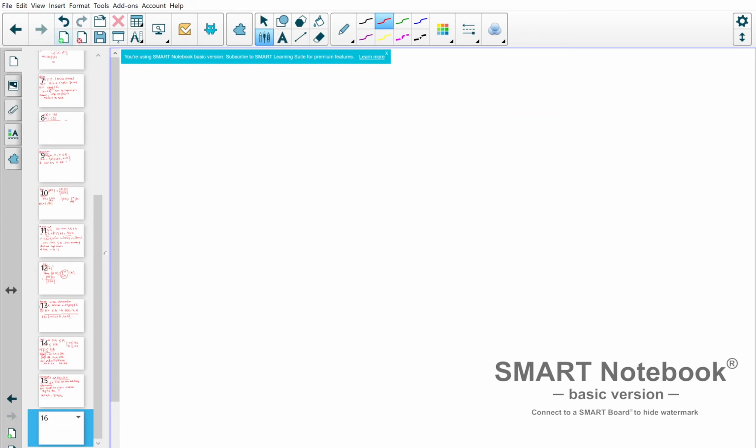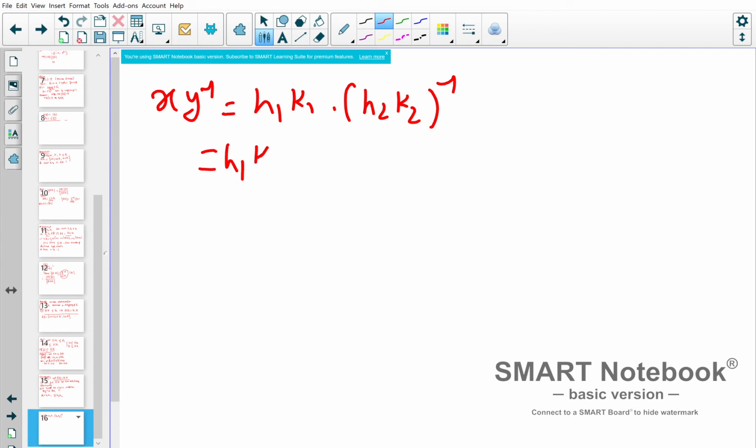Then you can write down x y inverse as h1 k1 into h2 k2 whole inverse. This is nothing but h1 k1 k2 inverse h2 inverse, right? Now look, this k1 k2 inverse is another element, say k3, so you can write down h1 k3 h2 inverse.